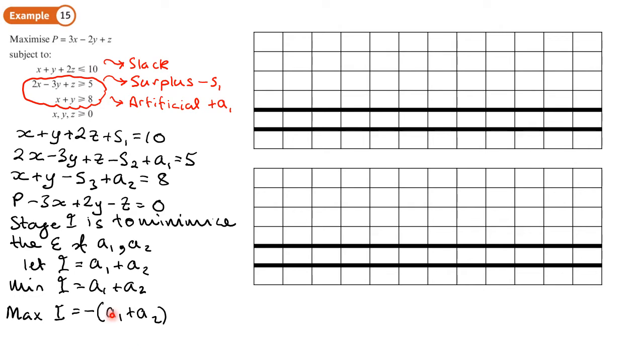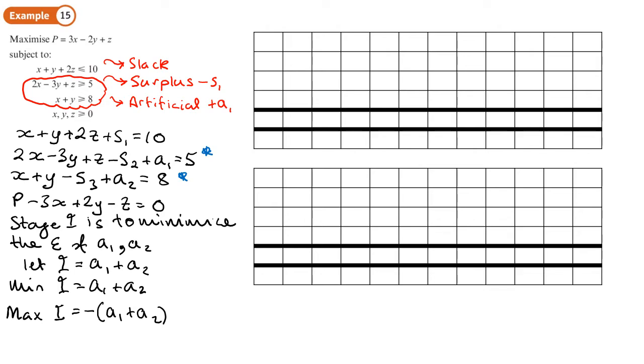Now what we're going to do is write I in terms of the other variables I've got here. So I'm going to take these two equations and rewrite them to make A1 and A2 the subject.